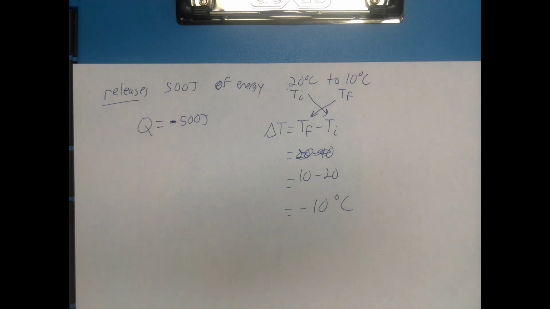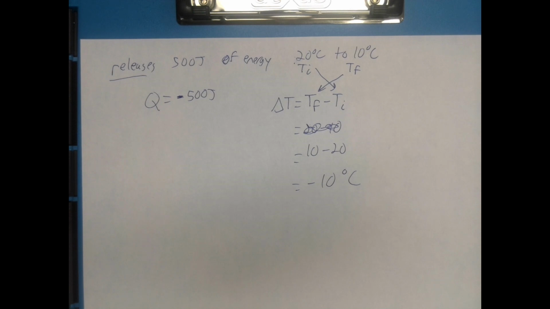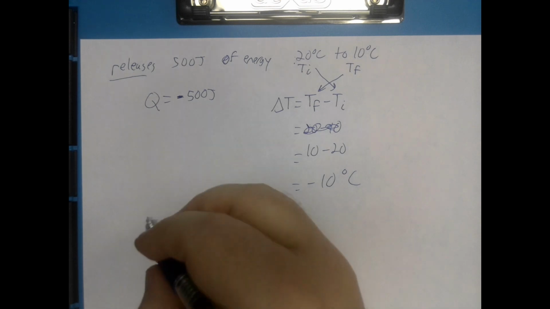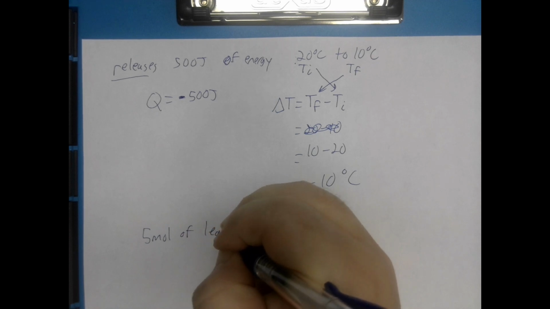A lot of issues go back to the mole. So for example, on question 13, it asks you for so many moles of lead. Let's say it said 5 moles of lead.